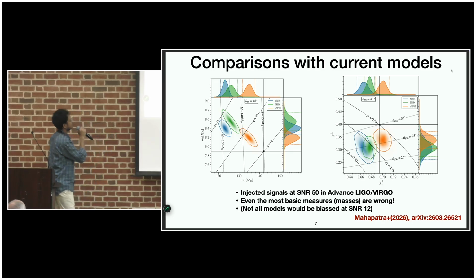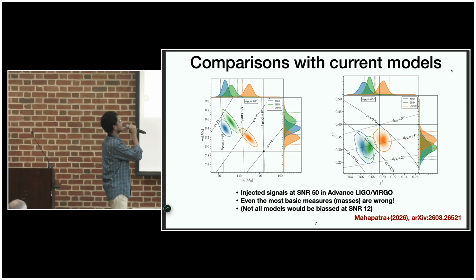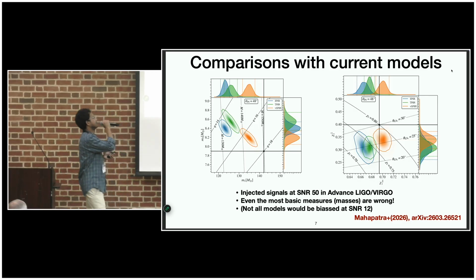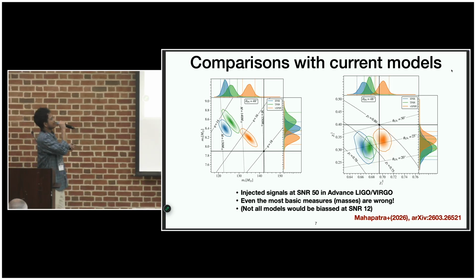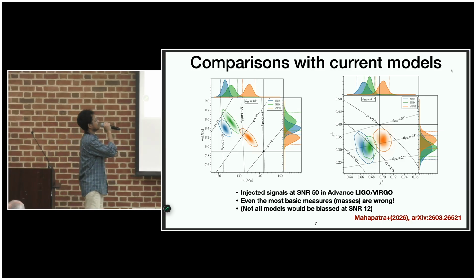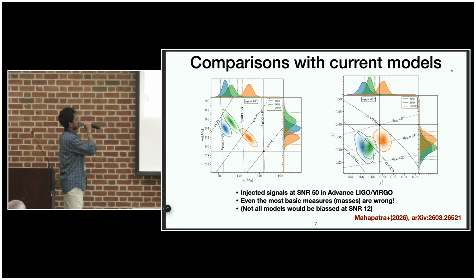In one case someone does better, and in another case that waveform model does worse, so the models just bounce around each other. But the takeaway is that it's pretty bad. You can connect it to the numbers from the previous plot, which are SNR 10 and 12. At that SNR, the models won't be biased.